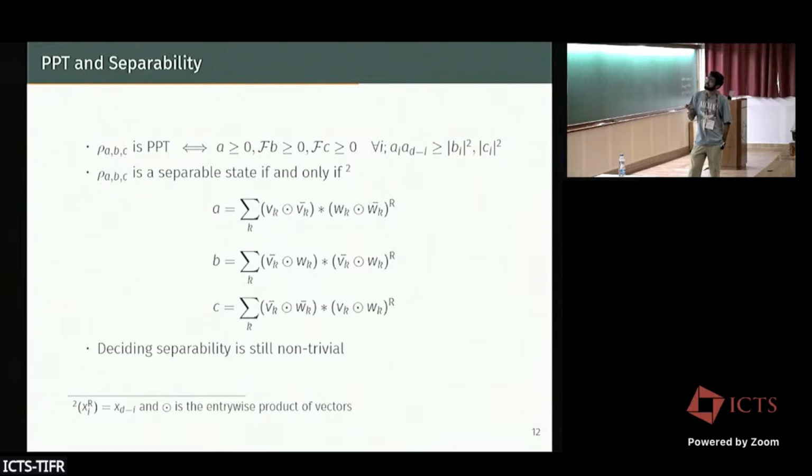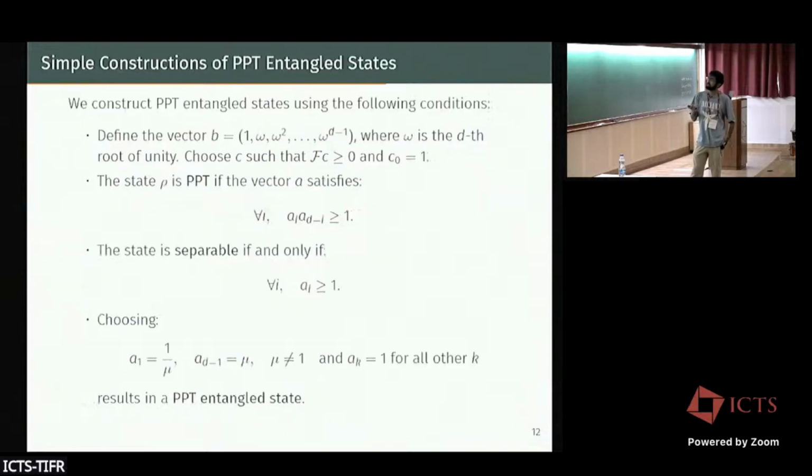So it satisfies, with some v_k and w_k, these complicated looking equalities. This makes deciding separability still a non-trivial problem, but it makes it easy to construct and detect PPT entangled states.